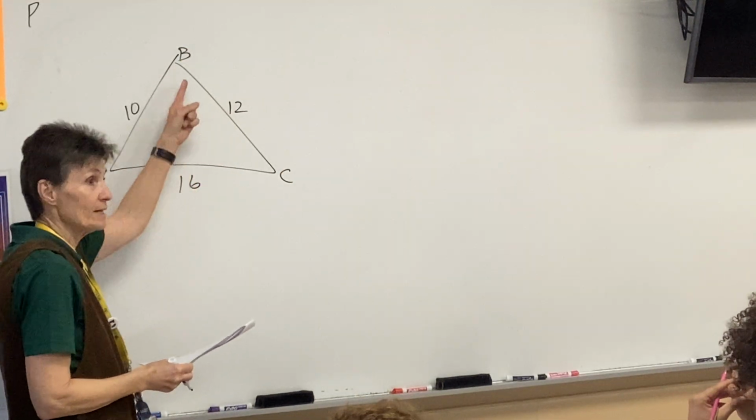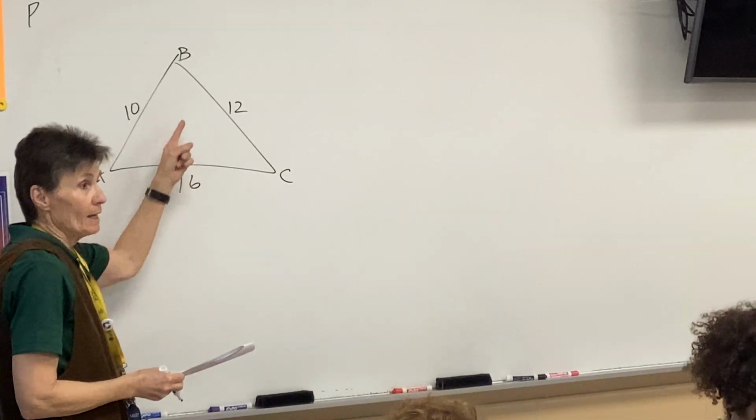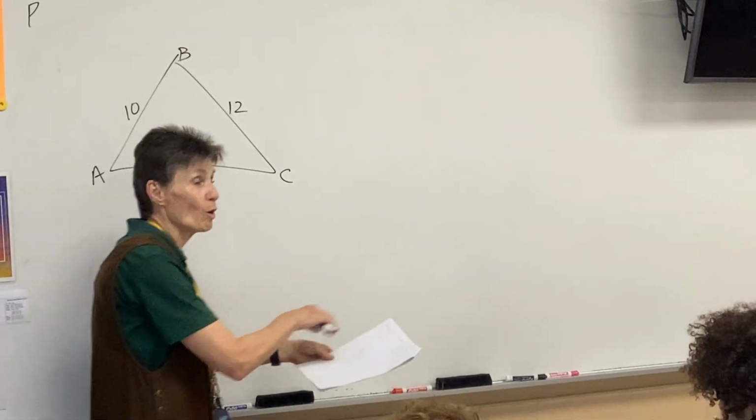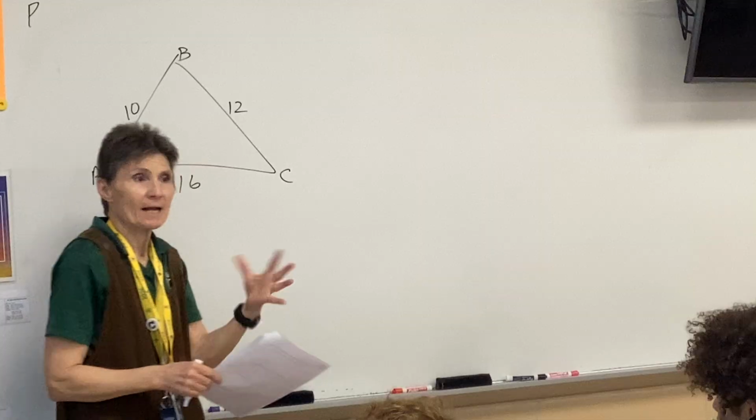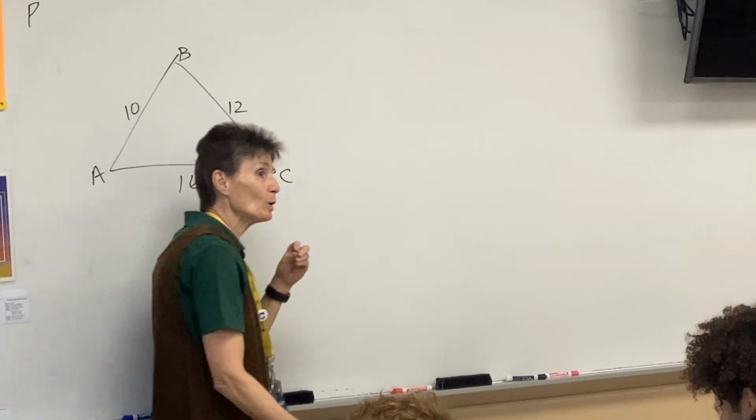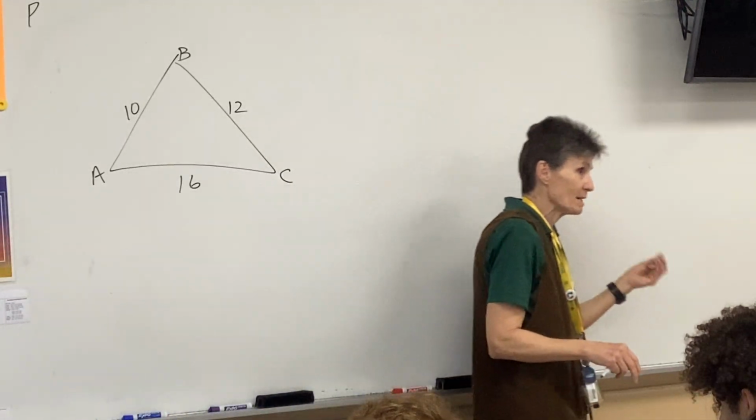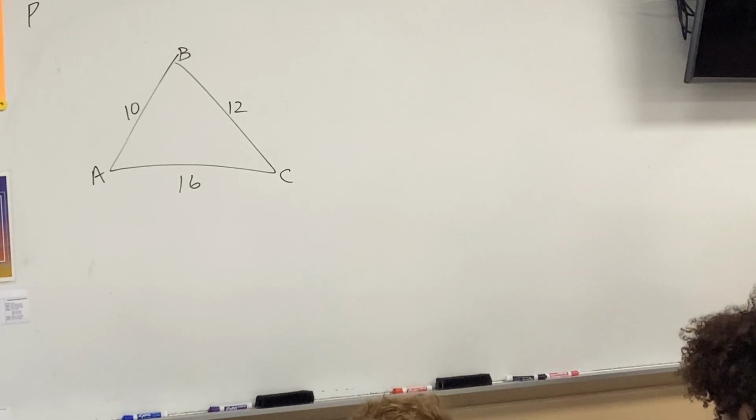This would be the height right here, called the altitude. And usually that's not given to us. So we would have to step aside and figure out how to find the height.